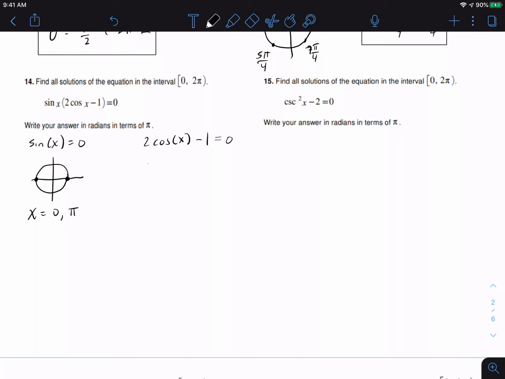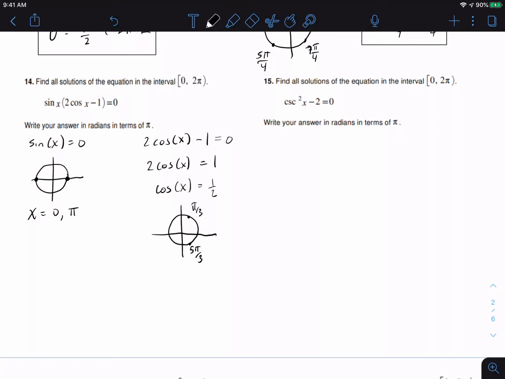And then over here, I'm going to get 2 cosine of x is equal to 1. Cosine of x is equal to 1/2. And now I need to find out where that happens. So I'm going to again look at the unit circle. And I see that it's going to happen here and here. And that's pi over 3 and 5 pi over 3.